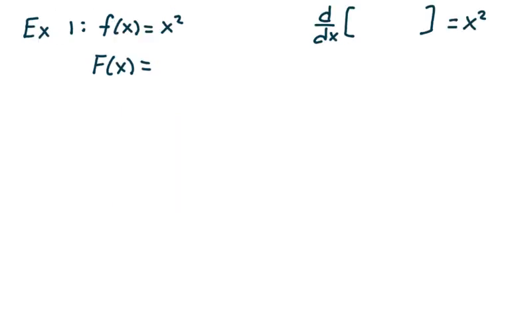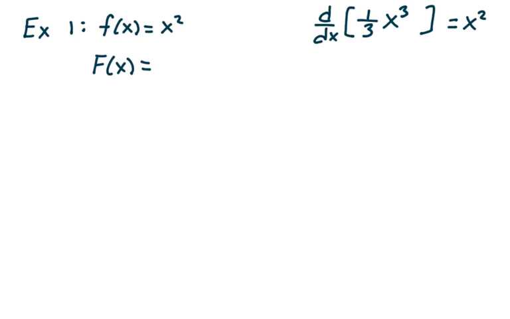So to get the x squared, I need an x cubed. But if I take the derivative of x cubed, I get 3x squared. Well, how do I get rid of the 3? I need to divide by 3 or multiply by a third. So I'm going to put a 1/3 right there to compensate.